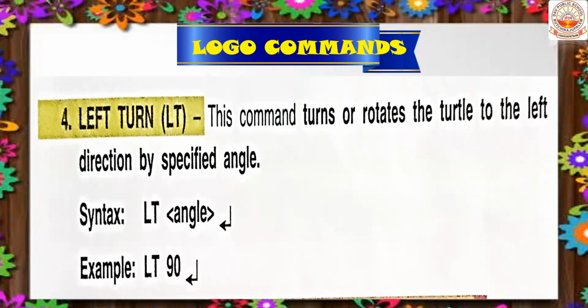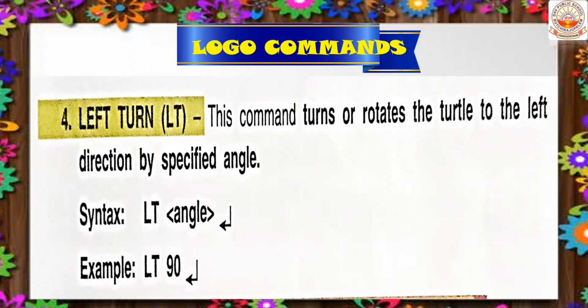Then you have learned CS, clear screen. If you use the command CS, it clears the screen in the graphic window. Then you have also learned how to change the direction of the turtle by using the commands RT, that is right turn, and LT, that is left turn.